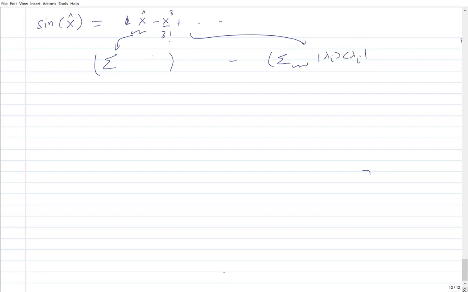So ultimately, this is going to be eigenvalues times, I'll collect all the eigenvectors. What's going to remain over here, collecting all these terms, is the sine of the eigenvalues, where of course x was the operator.